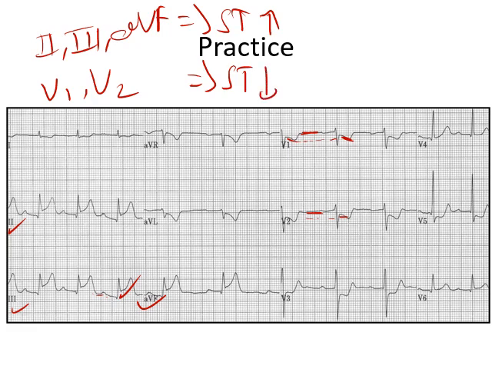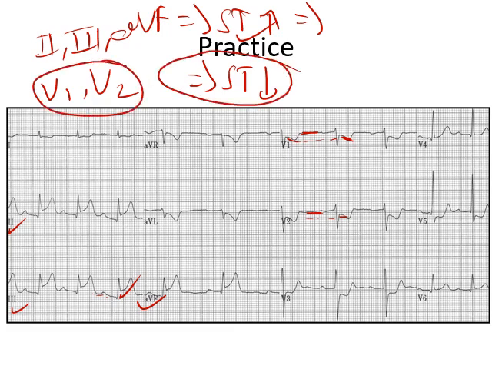So this is an ECG showing inferior wall STEMI and reciprocal changes in the anterior leads, that is V1 and V2. I'm going to talk about reciprocal changes in detail in my next video, my video on myocardial ischemia.